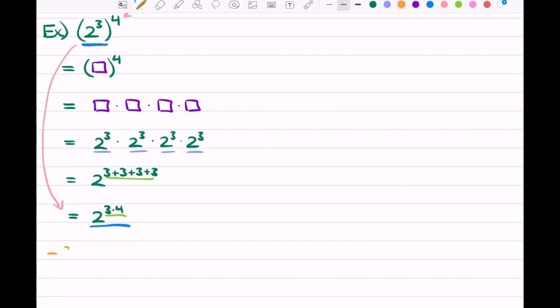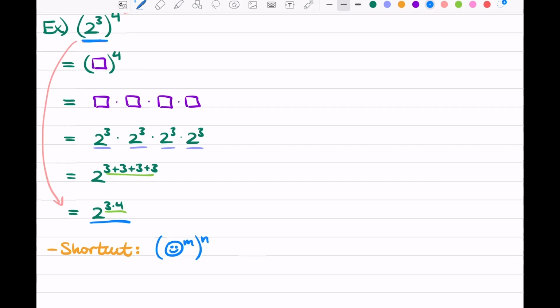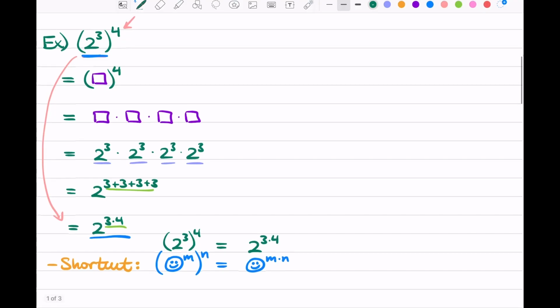So our shortcut here, if we have a number to the mth power, and we take that to the nth power, then we can rewrite it as the number to the m times n power. So we had 2 to the third to the fourth power, and we rewrote that as 2 to the 3 times 4 power. Let's try another example.